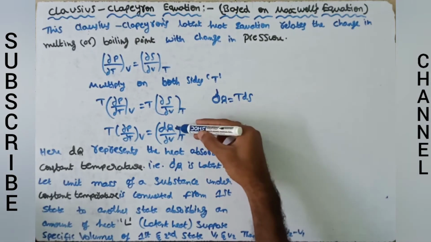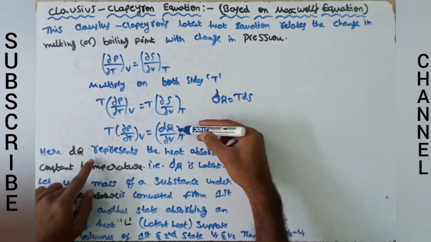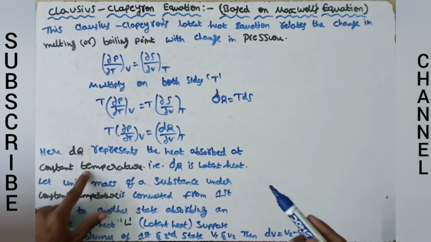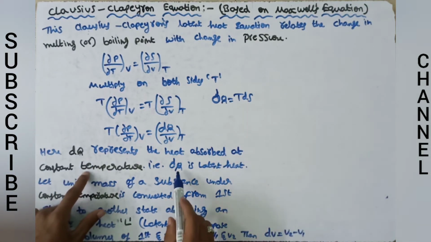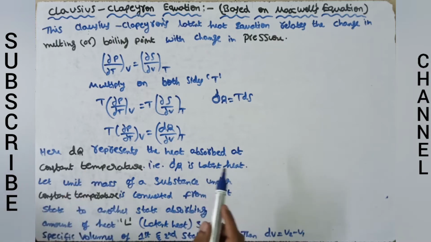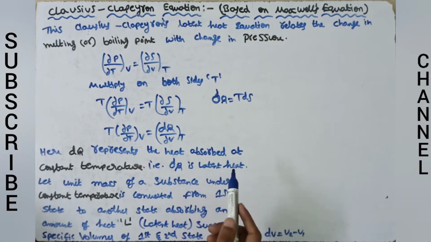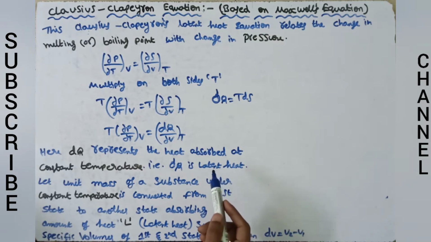Here dq is the amount of heat absorbed at constant temperature, which is called latent heat. When heat is absorbed at constant temperature, that is called latent heat. The latent heat formula is dq equal to mL.